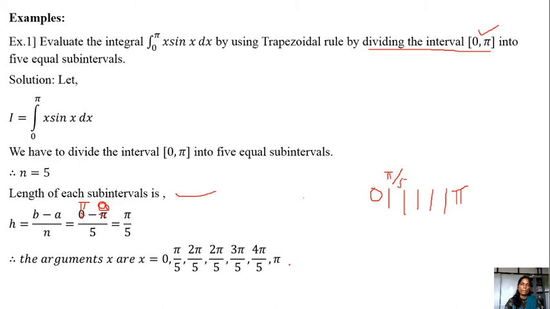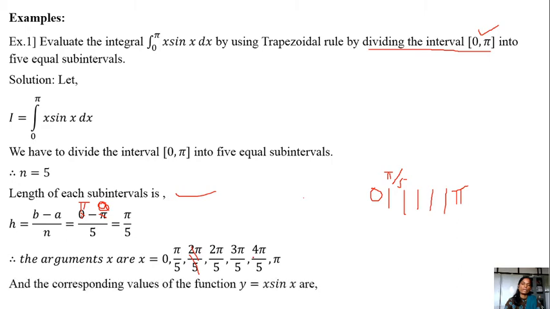Then the second interval is pi by 5 to 2 pi by 5, 3 pi by 5, 4 pi by 5. So 0 to pi by 5, then 2 pi by 5, 3 pi by 5, 4 pi by 5, and 5 pi by 5, that is nothing but your pi.